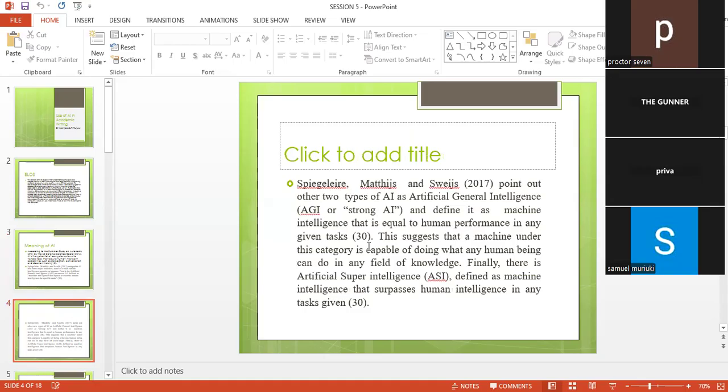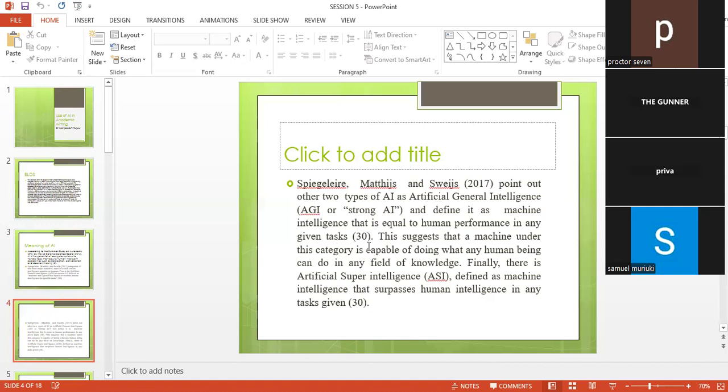So these scholars point out that the other two types of AI are AGI, which is called strong AI, artificial general intelligence, which is equal to human performance in any given measure.